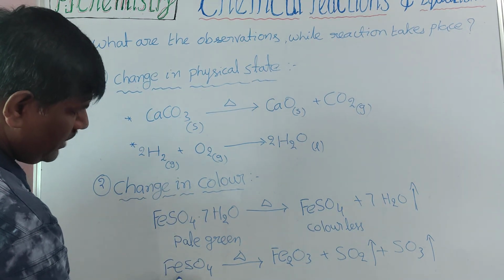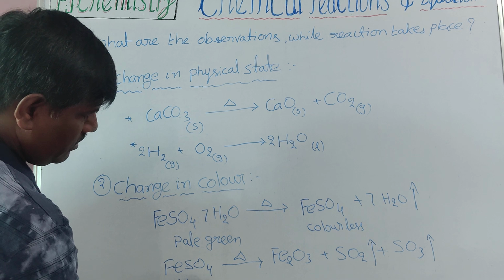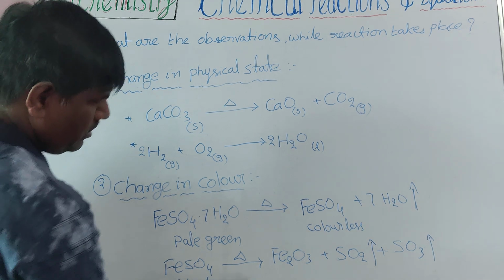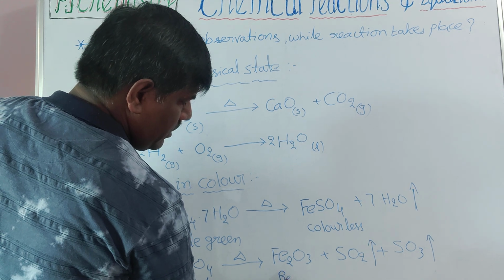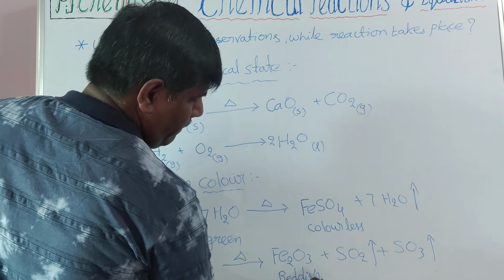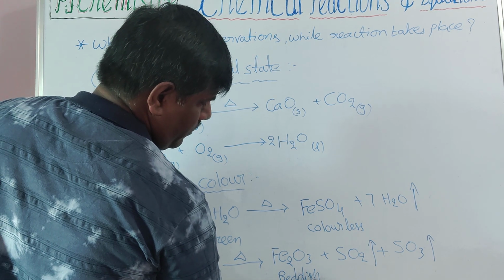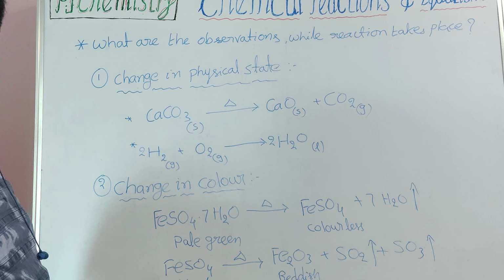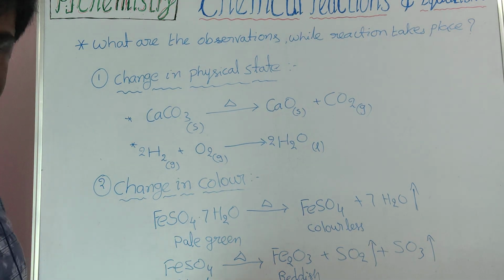Now here FeSO4 is colorless. Fe2O3 is reddish brown, rust color. Rust is reddish brown.